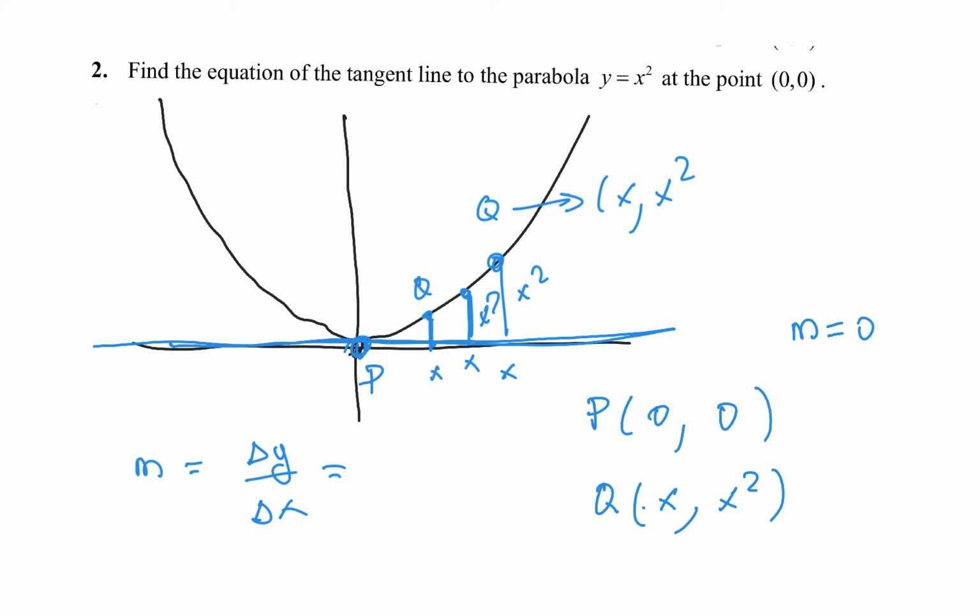So delta y is y2 minus y1. What is y2? Y2 is x squared. Y2 minus y1 will be x squared minus 0, divided by x2 minus x1, which is x minus 0.